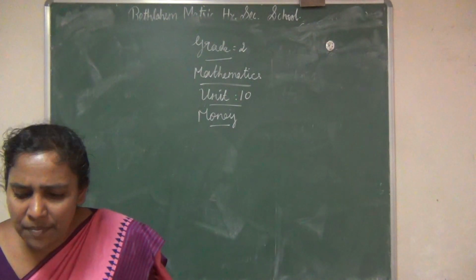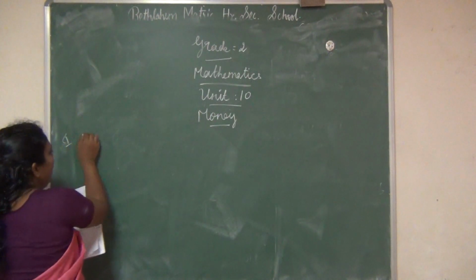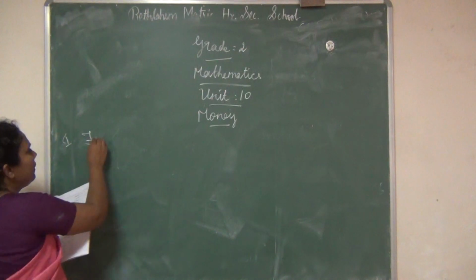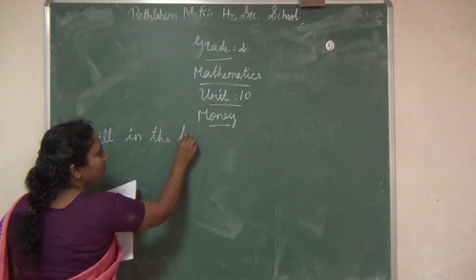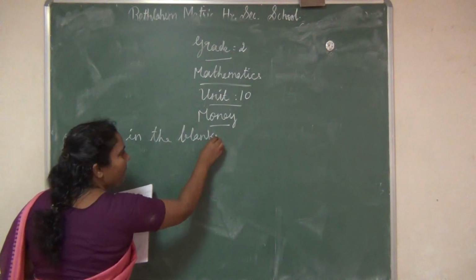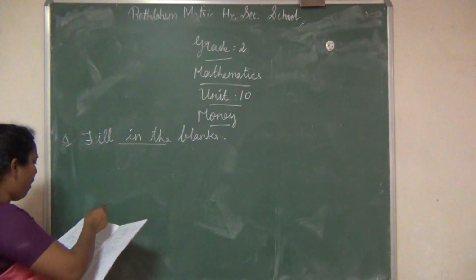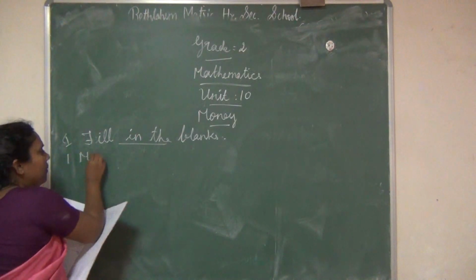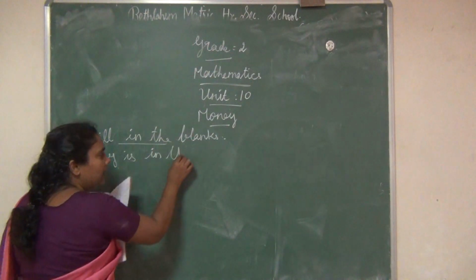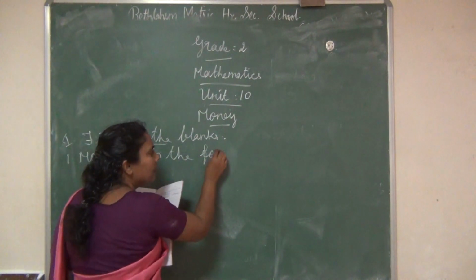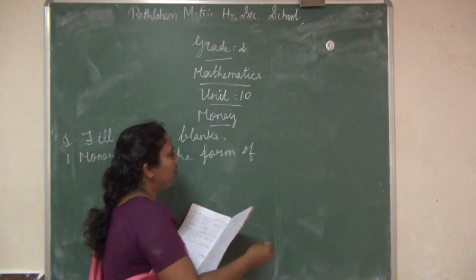Shall we see the fill-ups? Listen to the first one. Roman letter 1. Fill in the blanks. Money is in the form of currency notes and coins.